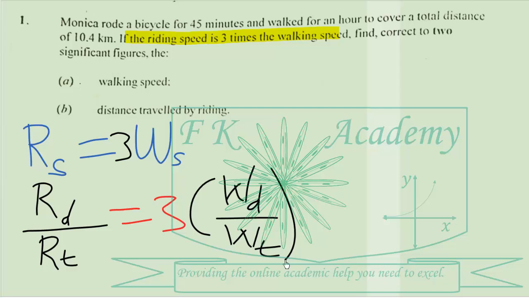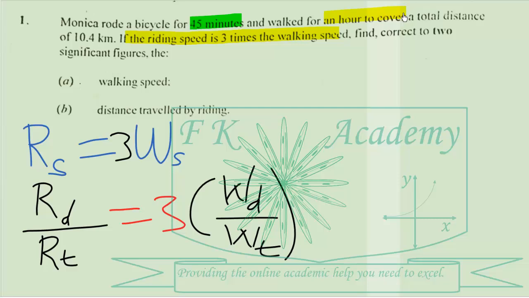We're given the riding time in the question. That one is 45 minutes, so we can fix it there. And the walking time is 1 hour.